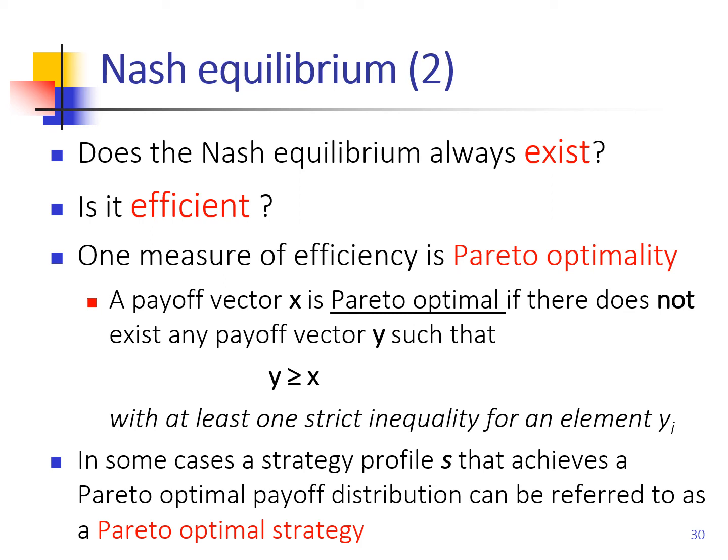One of them is Pareto optimality, which says that a payoff vector x is Pareto optimal if there is no other payoff vector y such that y is larger than x, with at least one strict inequality for an element y_i. It's not always the case that we have a Pareto optimal vector, but it could happen in certain cases, and we will see an example of that. In such a case, we talk about a Pareto optimal strategy.